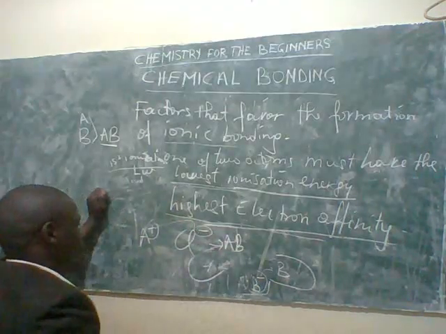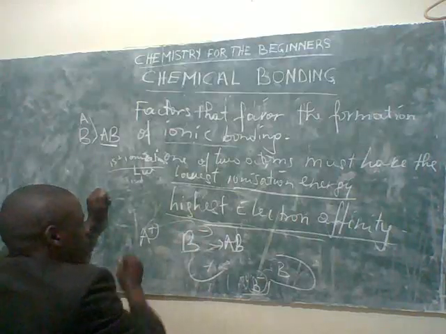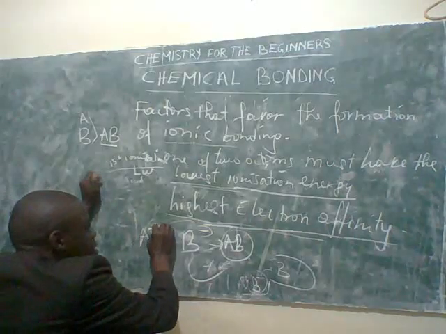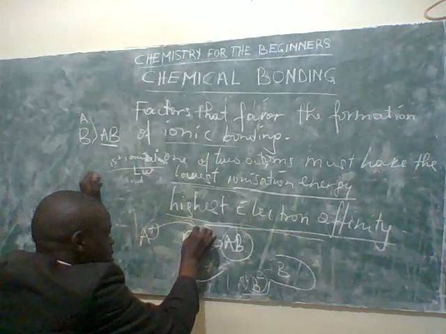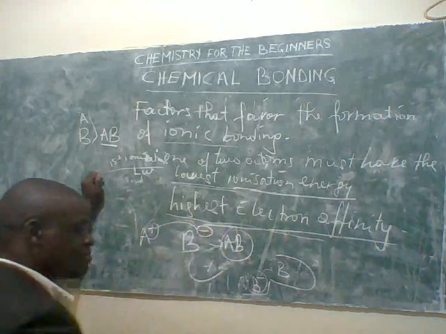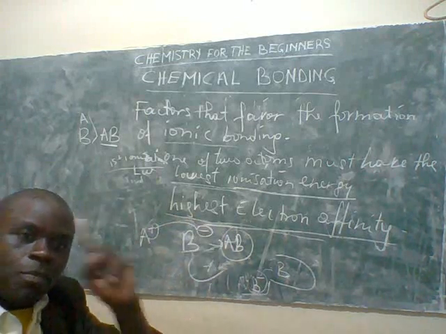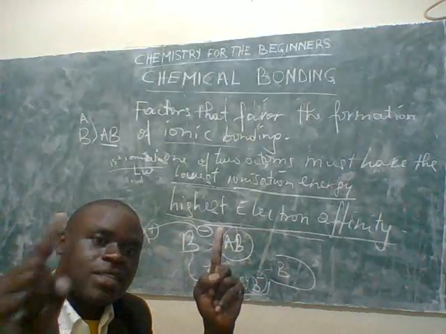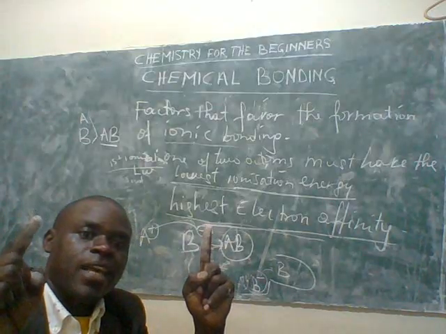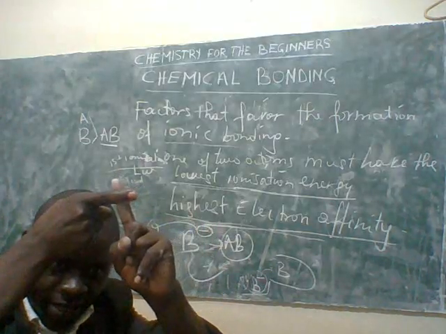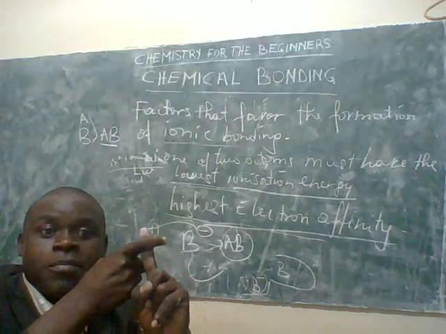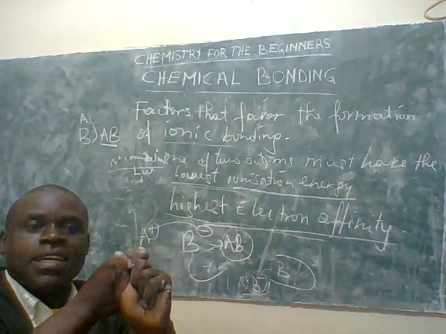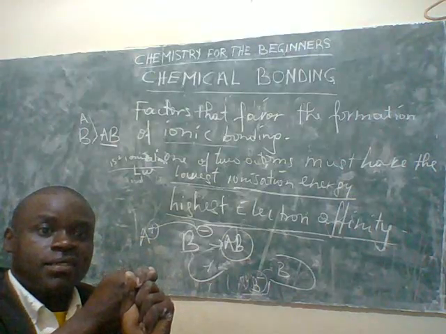so that they can form AB. Here it was B, like this. They are going to form AB. So when this has met this, like this was positive and this was negative, and then they are combined together like this, there will be a fight. That fight, to make like this, it will produce energy.